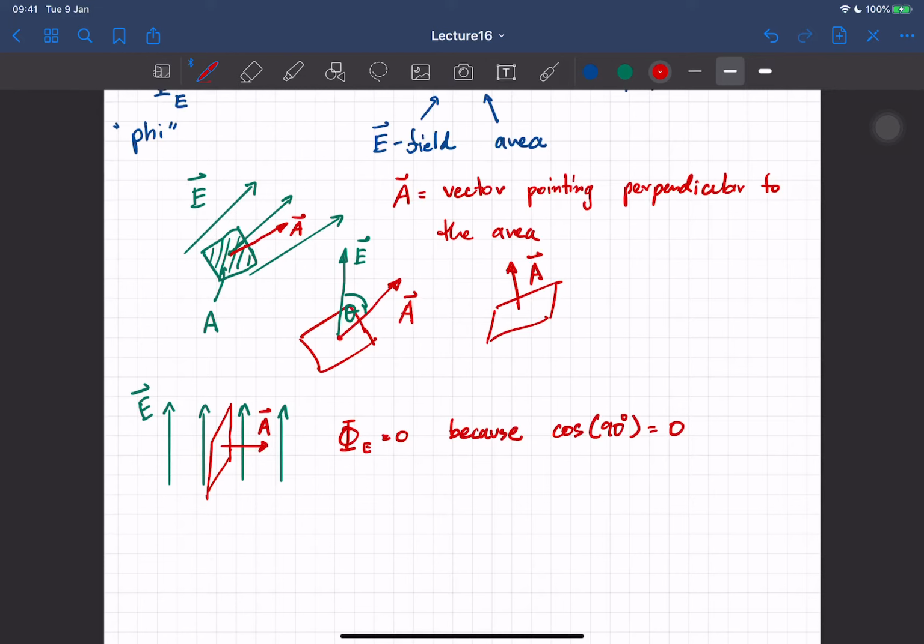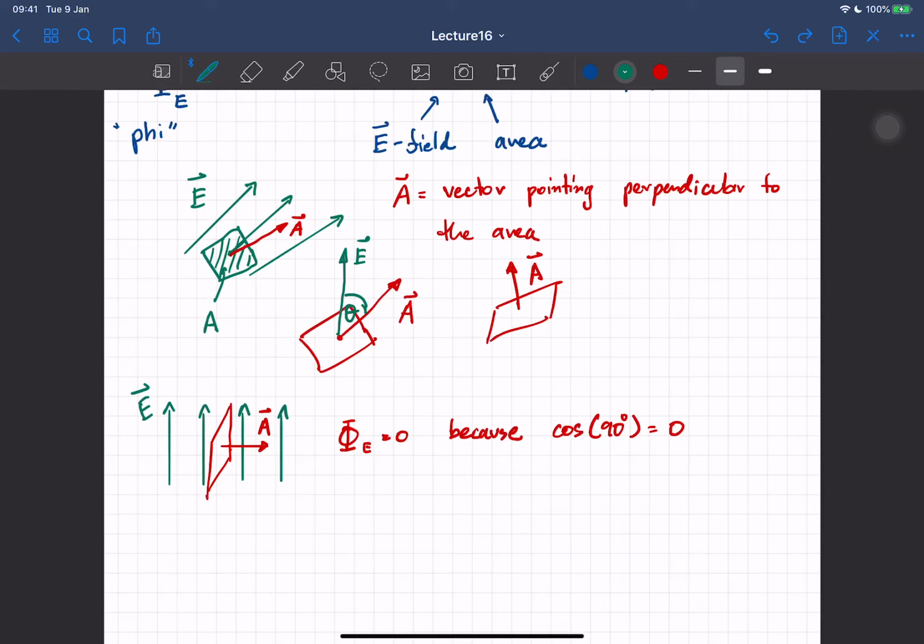Okay, so in other words, if you think about this situation, the flux is kind of like counting how many electric field arrows are piercing through the paper. In this case, because all the electric field is going to point up, it's not going to pierce the paper at all, because the paper is also vertical.